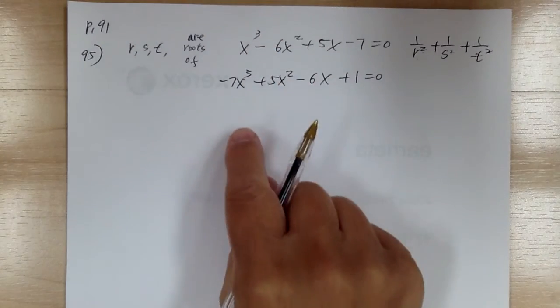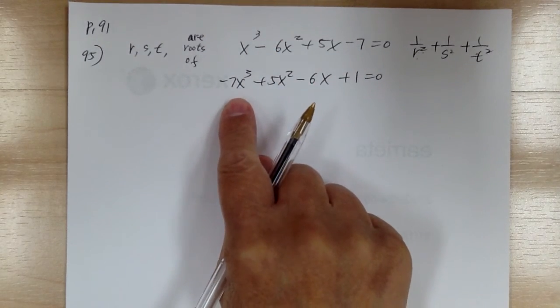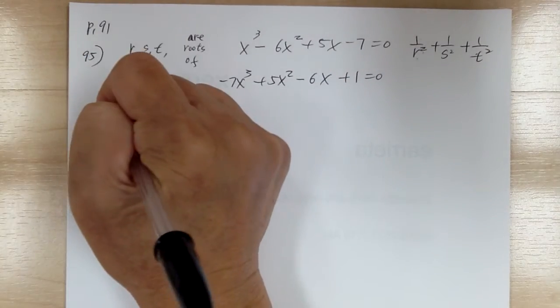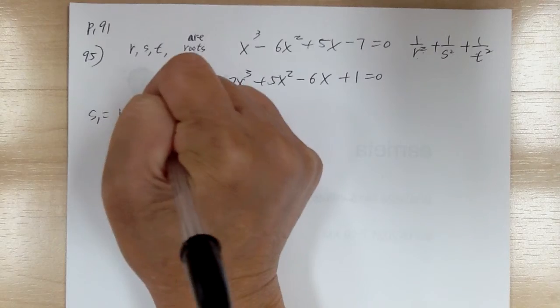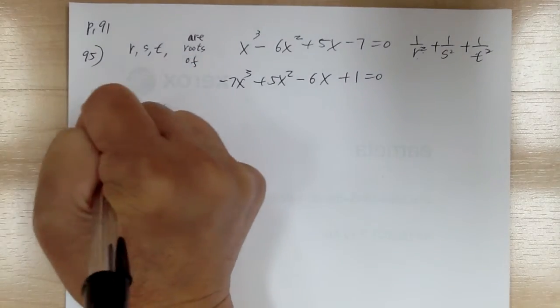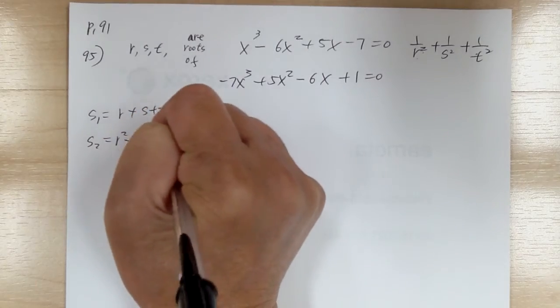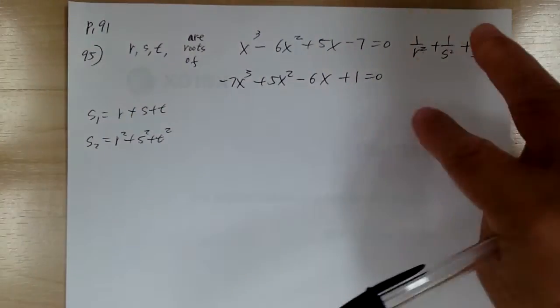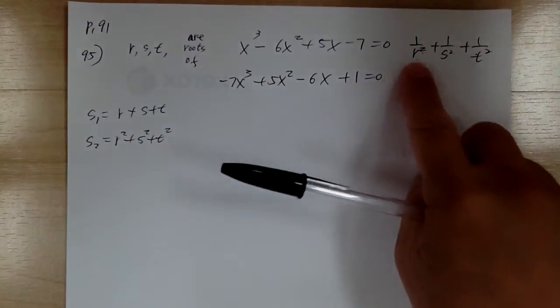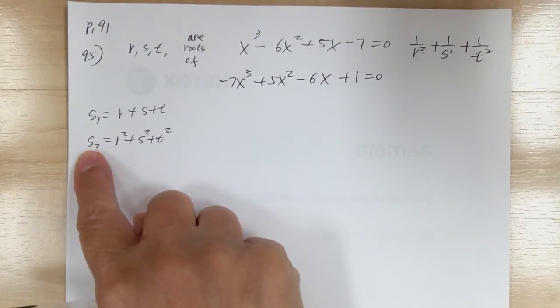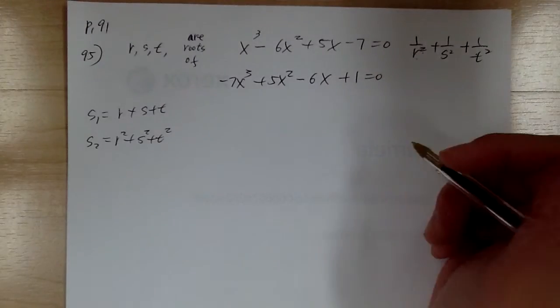So S1 is equal to r plus s plus t. That's what it means. S2 would be r squared plus s squared plus t squared. Now since we already reversed, once we find the S2, don't get confused between this S and this S. They're not the same.